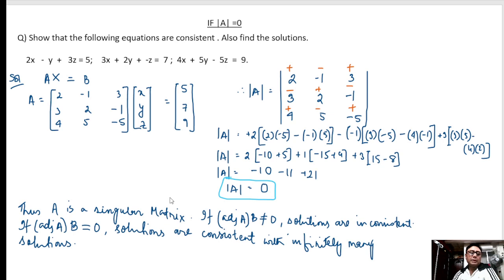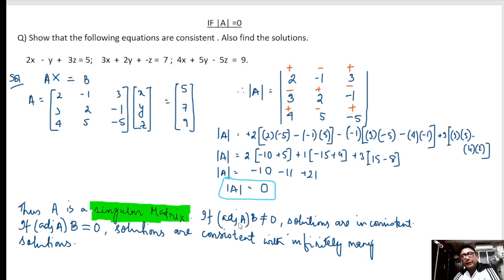Now if mod A is 0, please note it, it is a singular matrix. If mod A is 0, mod A will be called a singular matrix. Please note that. So now how to find?